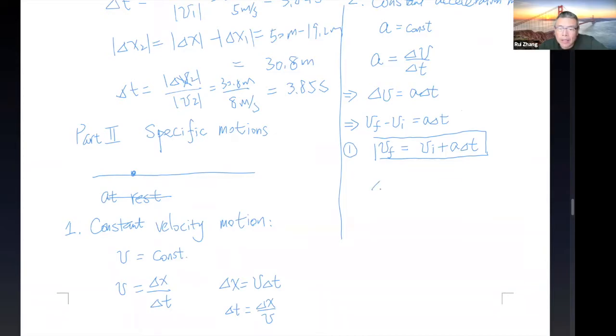So let me write this down. Again, based on the definition of average velocity, we have it like this. But the question is, can we use this formula directly in constant acceleration motion? What do you guys think?